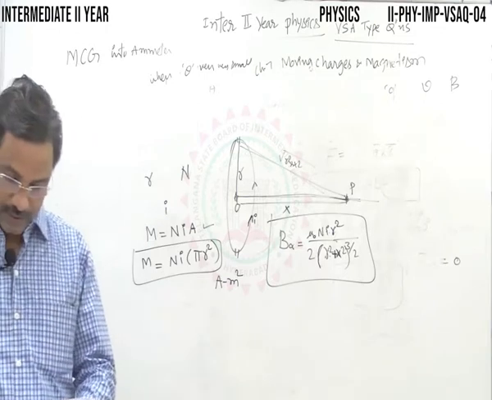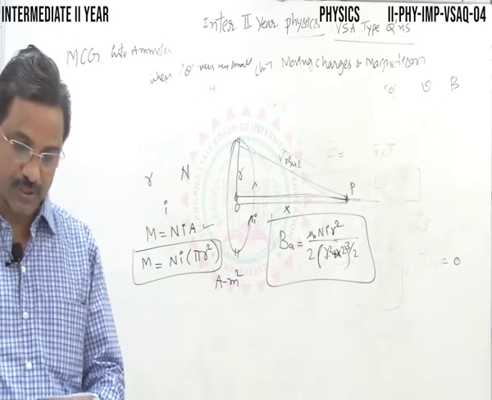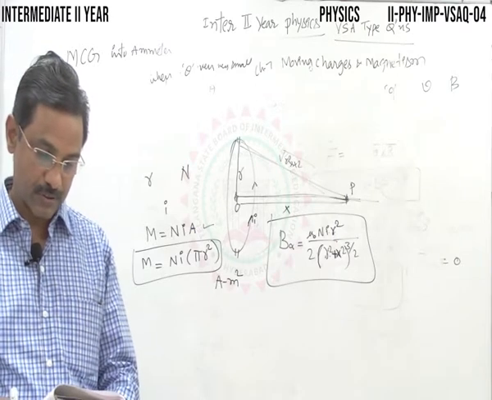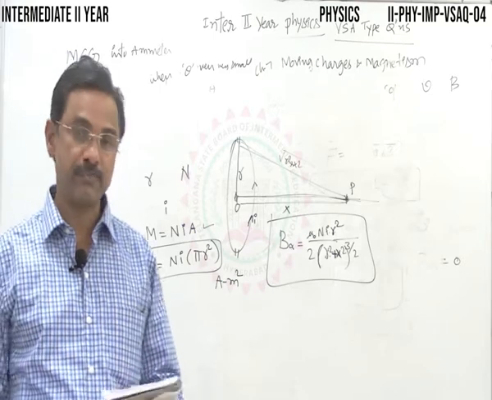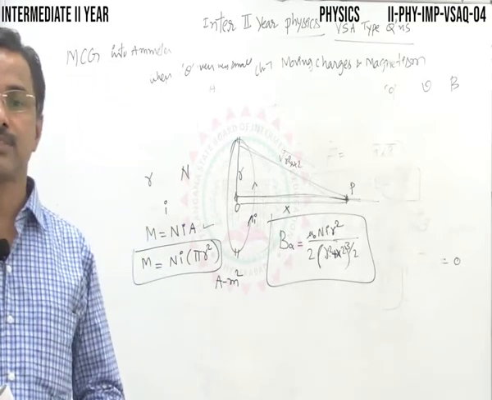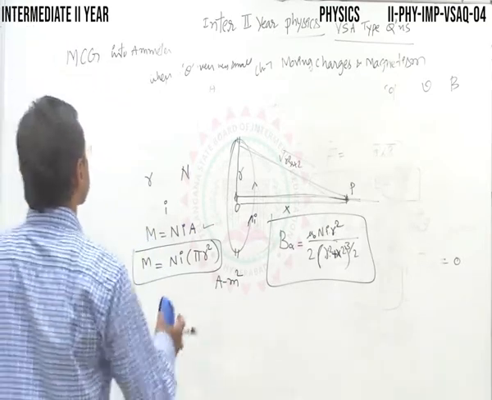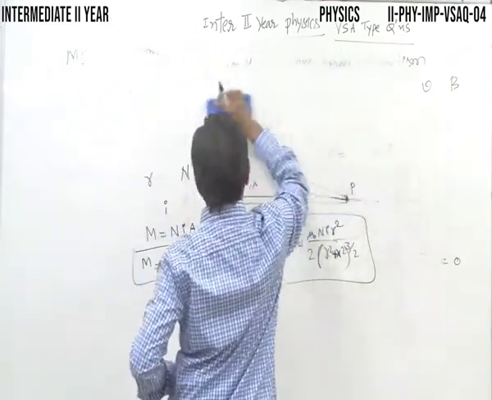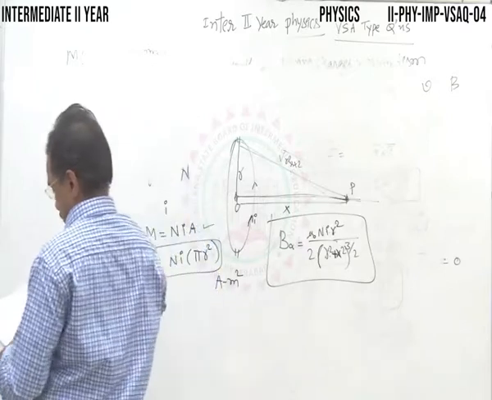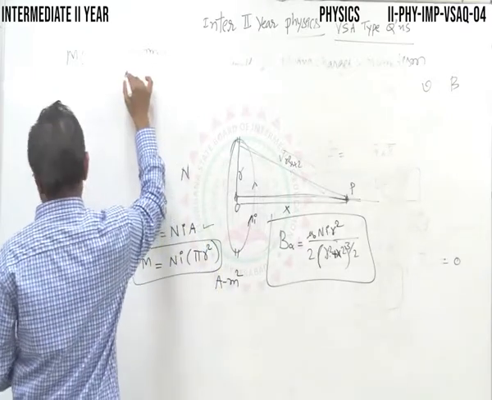So hope you have written, and this is an important question from this particular chapter. Hope you understood this. Then next, magnetism and matter. We might have discussed it in the earlier classes, digital classes, online classes. Magnetism and matter, not many questions.